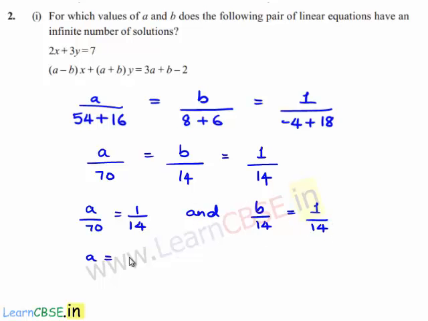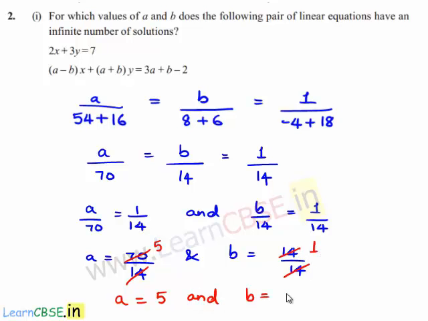So a is equal to 70 divided by 14 and b is equal to 14 divided by 14. Now 14 goes in 70 as 5, so a becomes 5, and 14 goes in 14 as 1. So the required values of a and b are a is 5 and b is 1.